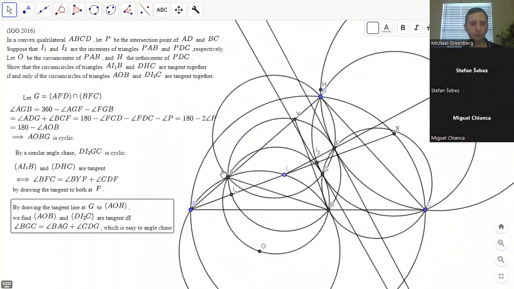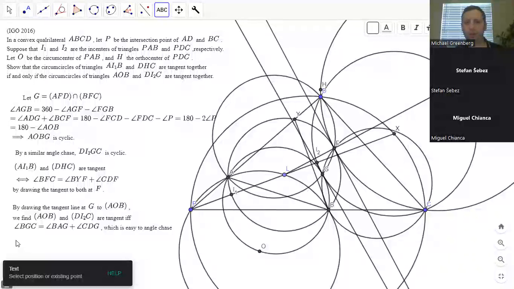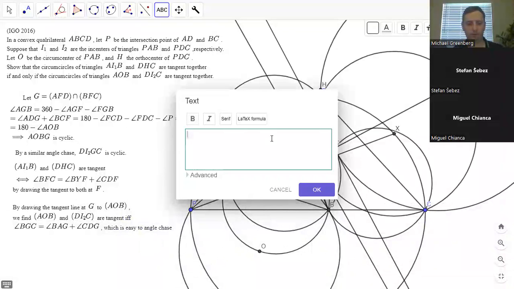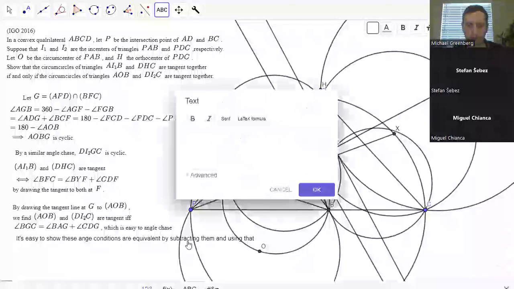So it's easy to show that these angle conditions are equivalent, by subtracting them and using that AGFD is cyclic.